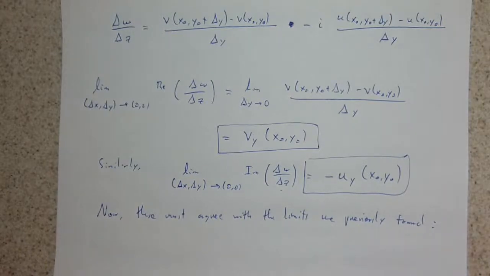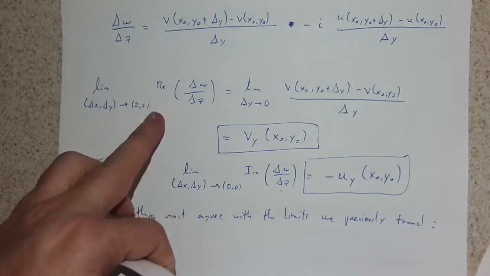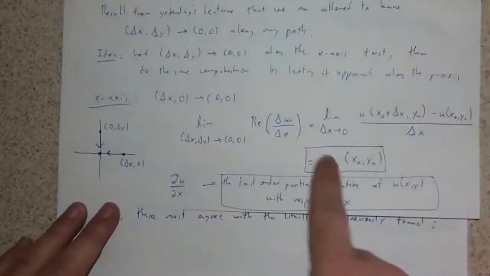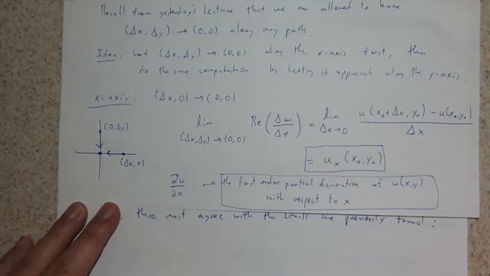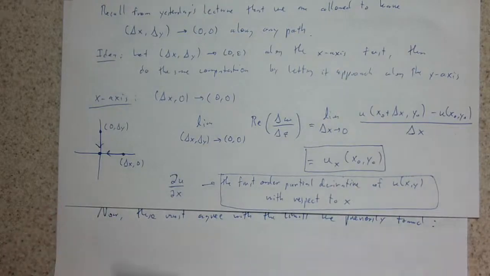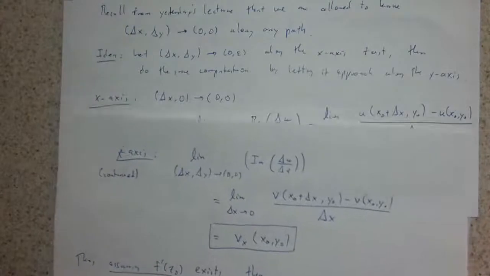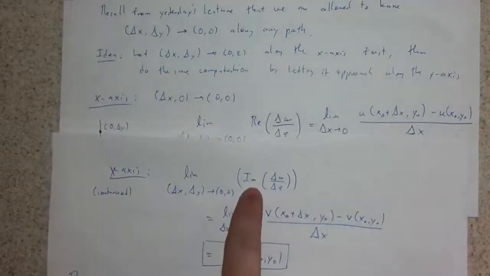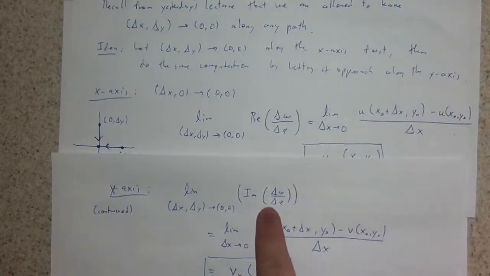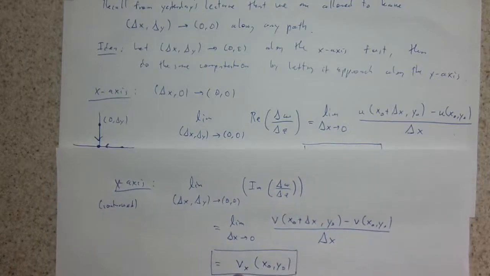The limit of the real part of the difference quotient that we found before was the x partial of u at x naught y naught. And the limit of the imaginary part of this difference quotient is the x partial of v.